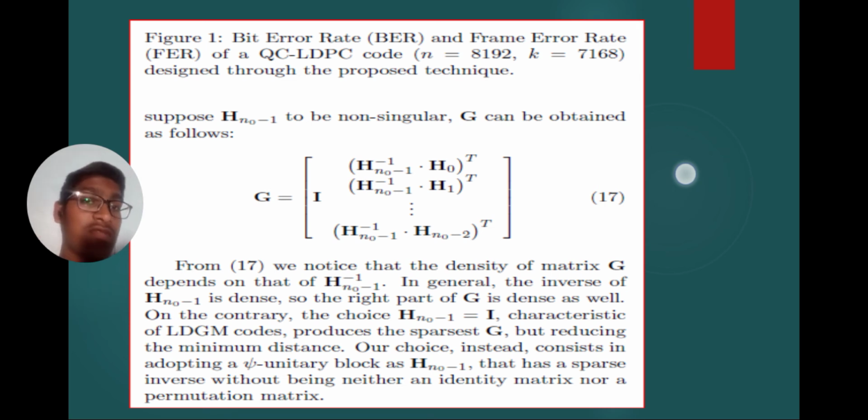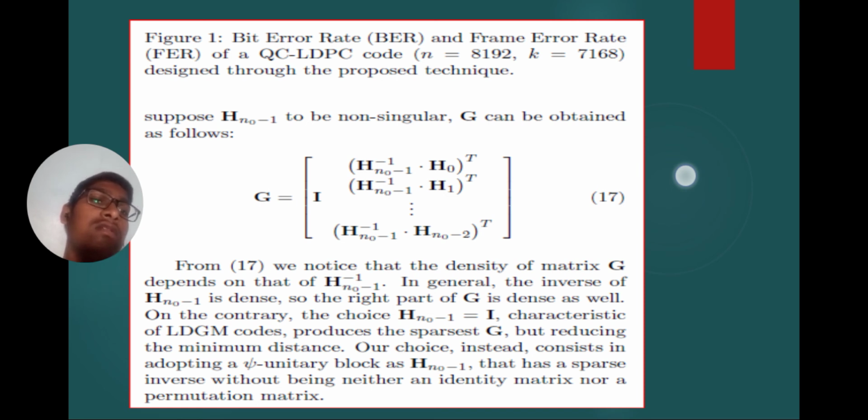Consider it as the 17th equation. From the 17th equation we notice that the density of matrix G depends on that of H inverse n naught minus 1.